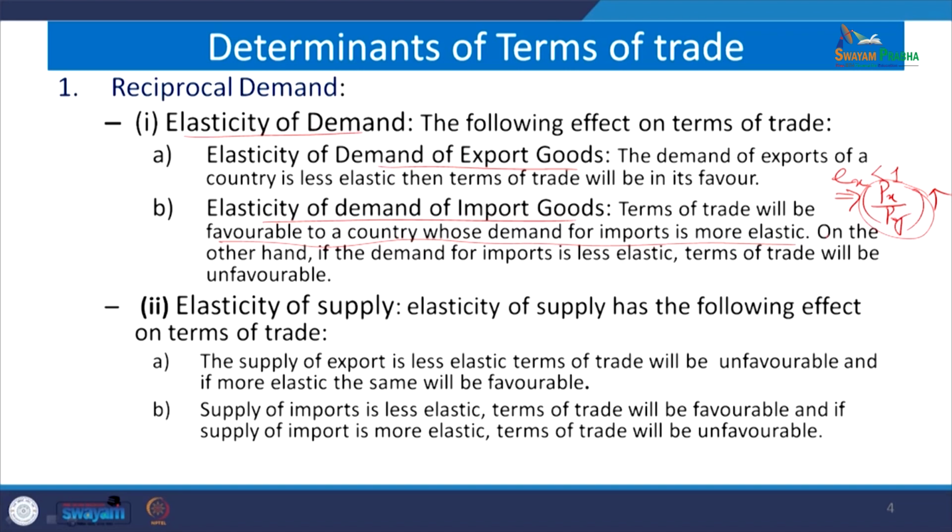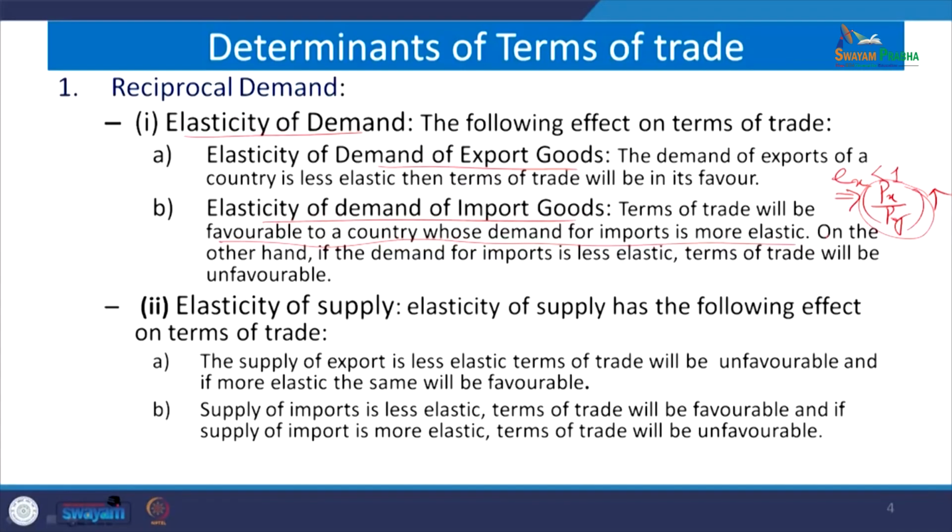Suppose, for example, a tax or a tariff is imposed on the imports, and that will reduce the demand for imports. Therefore, for the domestic country it is going to be good, because so far as terms of trade is concerned, it will be favorable to the country since it is import elastic.